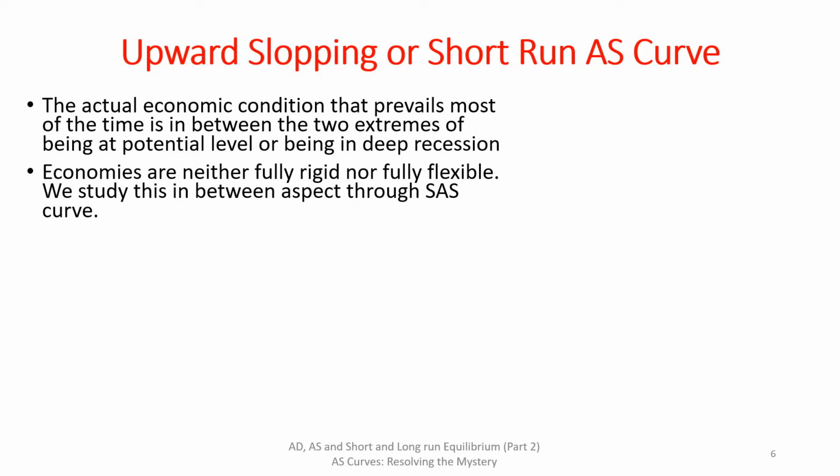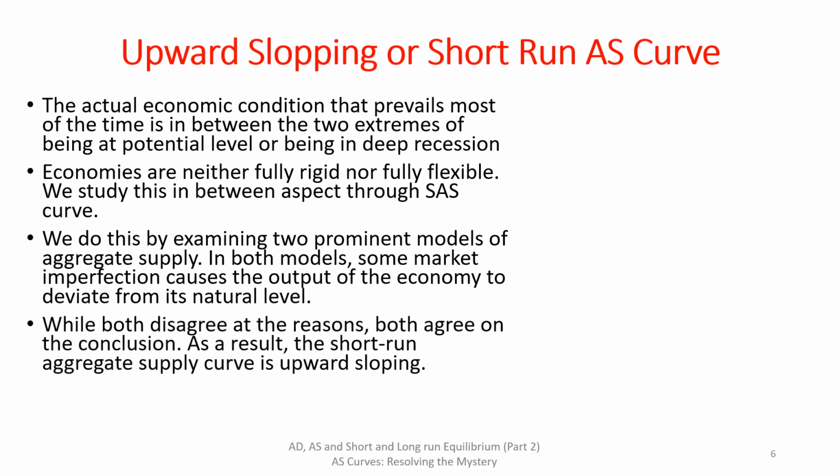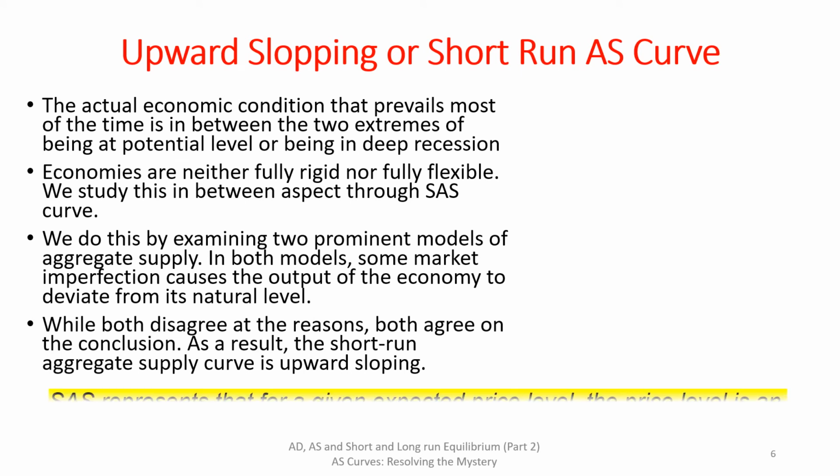We do this by examining two prominent models of aggregate supply. In both models, some market imperfection, that is, some type of friction, causes the output of economy to deviate from its natural level. While both models disagree at the result, both agree on the conclusion. As a result, the short-run aggregate supply curve is upward sloping as it is shown in the figure.